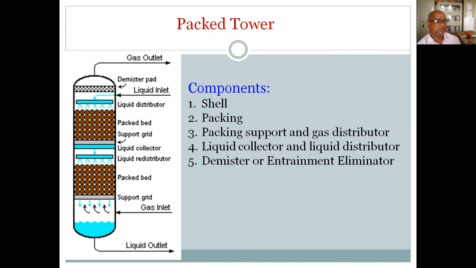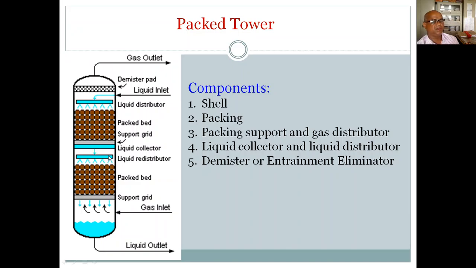Now let's do the packed tower. Packed tower, the shell I already discussed. It is very similar to the tray tower. Packing material we will discuss in detail. Then packing support and gas distributor. This is the support and this is the gas distributor.